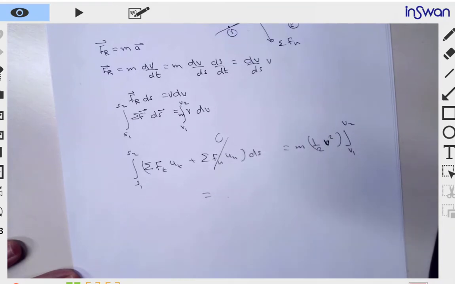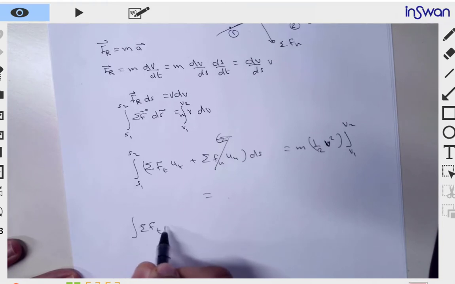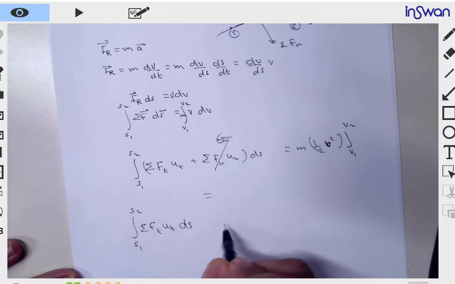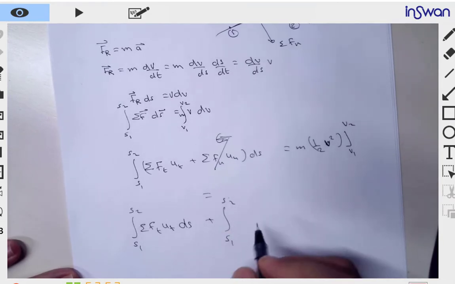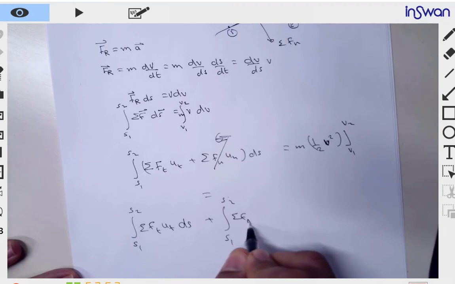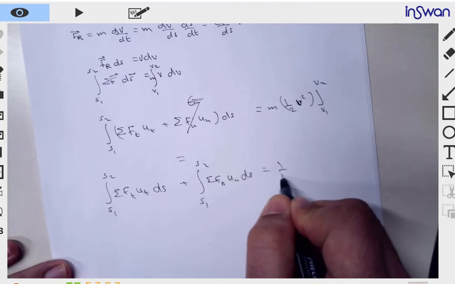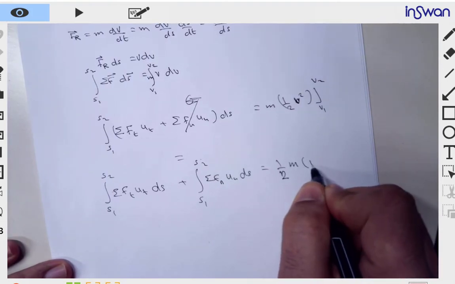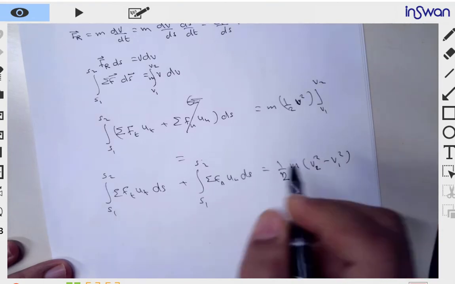So we expect this to be 0, or let's say more correctly, the integral of summation of forces tangential, ut ds from S1 to S2, plus the work from S1 to S2 of summation of forces normal, un ds, equal, I'm going to simplify it, half mass v2 square minus v1 square.